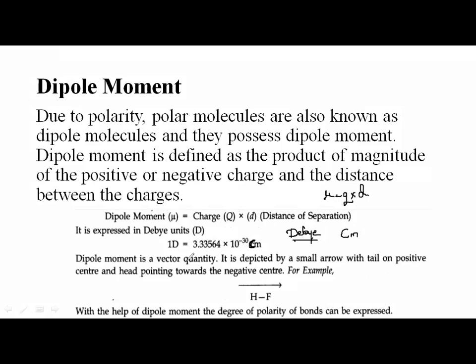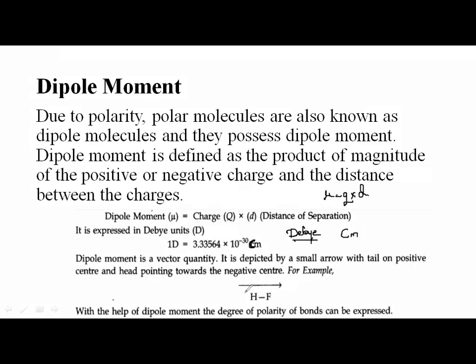Dipole moment is a vector quantity. That means it has some value when you calculate it, and it also has direction. In which direction is the negative charge more, the electron density more? It is depicted by a small arrow with a tail on the positive center and the head pointing towards the negative center.